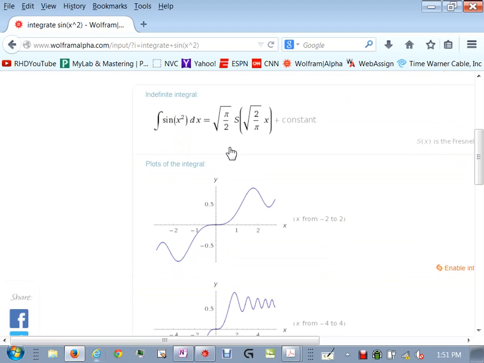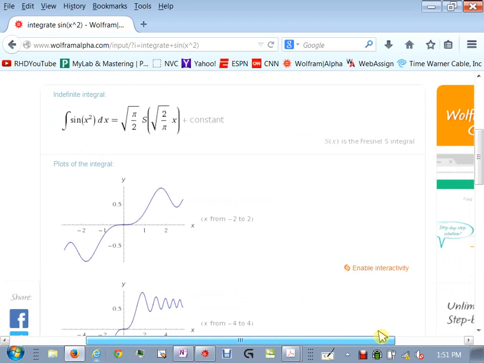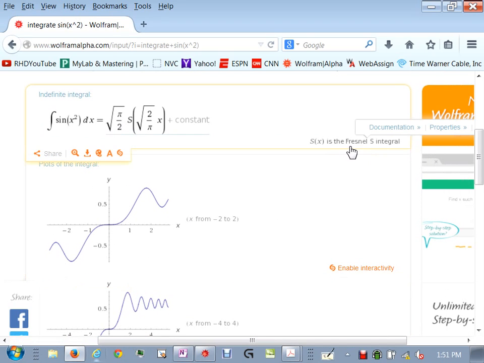It's square root pi over 2 capital S of square root pi over 2 x. What the hell's capital S? It's a Fresnel function. It's an integral that can't be done with any technique that we have.